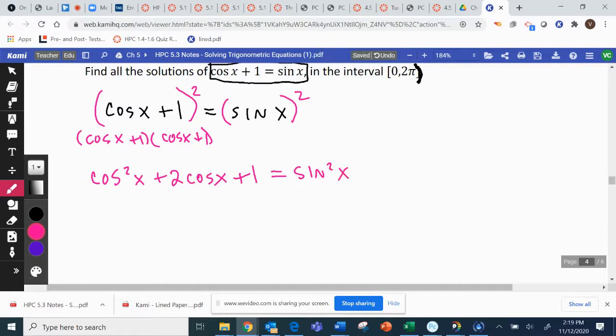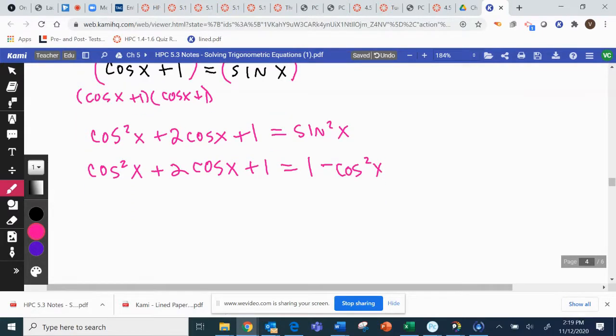Now that I have sine squared x in there, I can change it to cosine by doing the Pythagorean identity: 1 minus cosine squared x. I prefer to try factoring if it's possible, so I'm going to see if this is factorable. I'm going to set it equal to 0 and move the cosine and the 1 over.